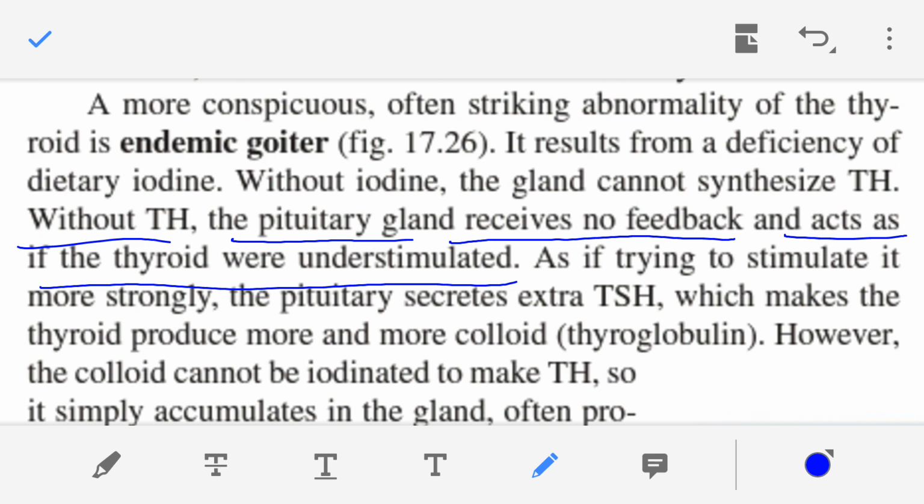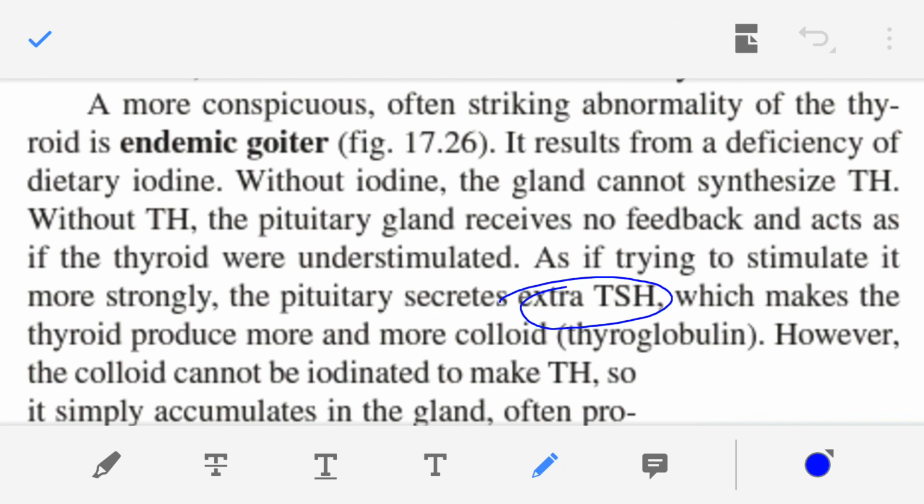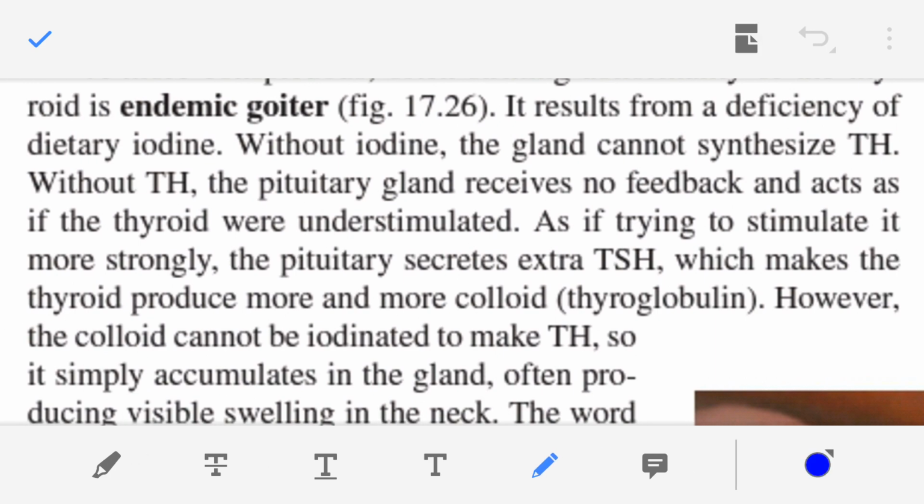Okay, so as the pituitary gland is trying to stimulate the thyroid gland more strongly, it secretes an extra amount of TSH, and this extra TSH makes the thyroid produce more and more colloid. So what is happening? Dietary iodine is not there, so the thyroid gland cannot synthesize thyroid hormone.